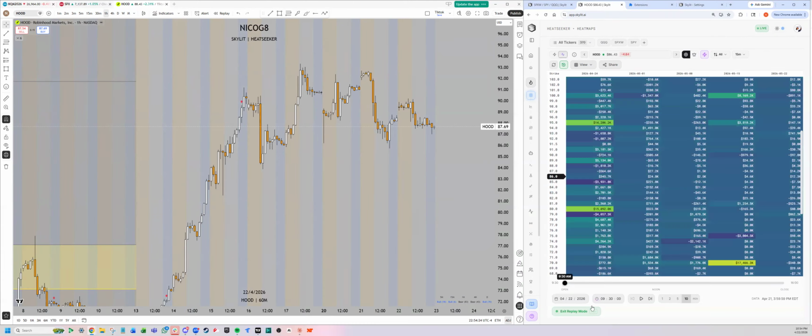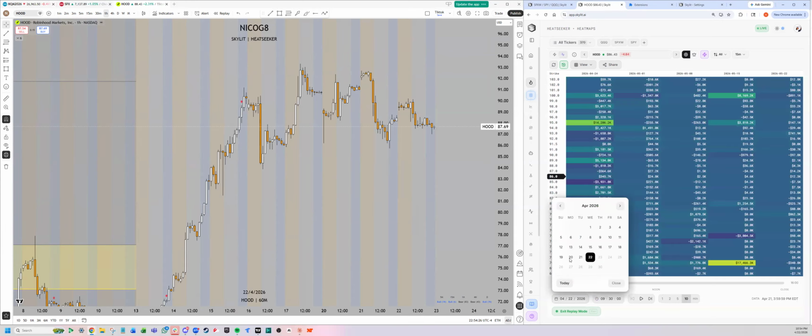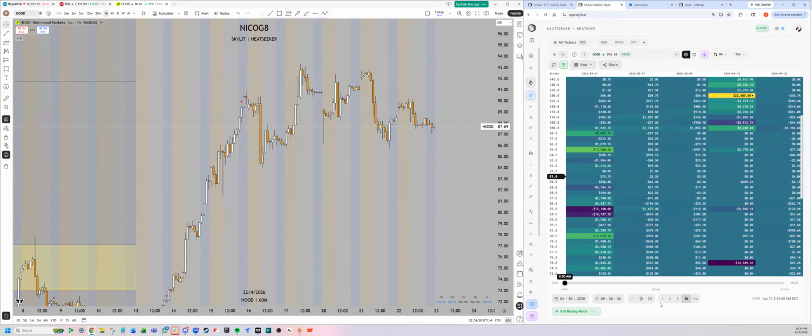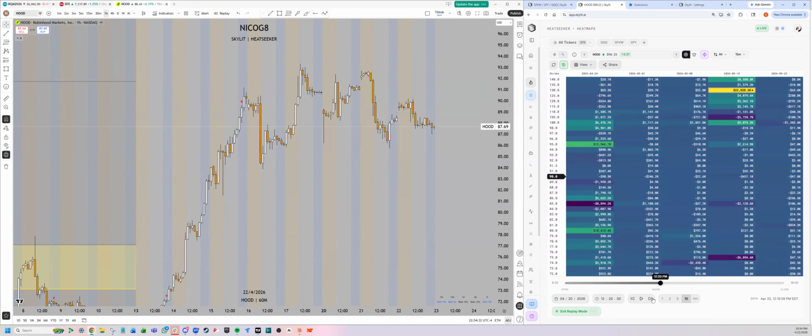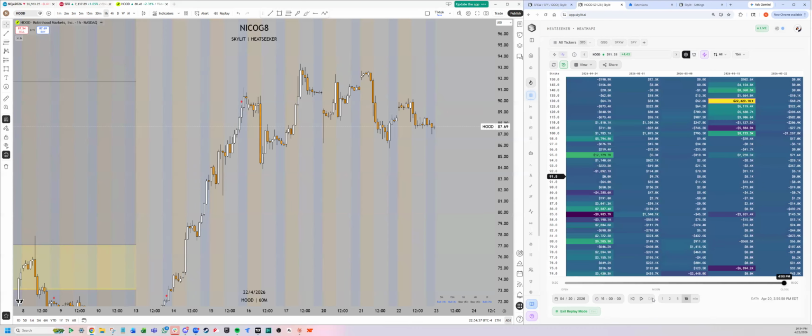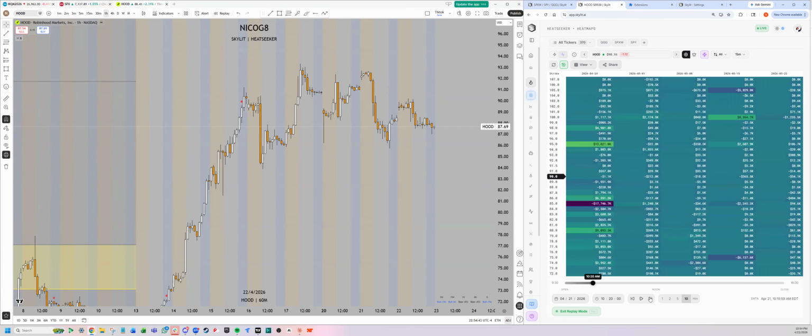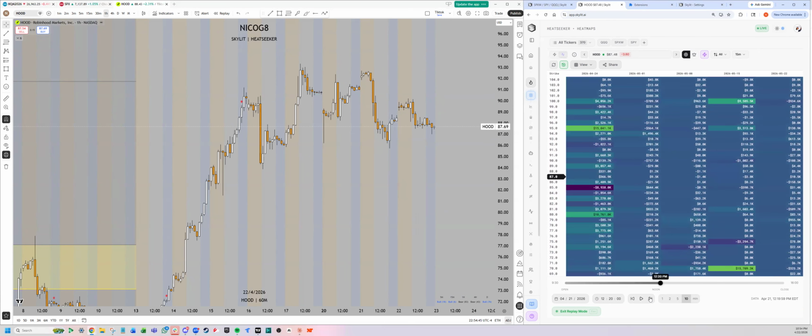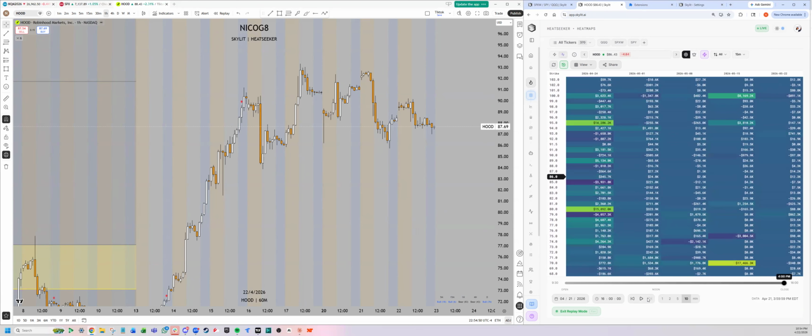But actually, we can check that. We might as well just go to the beginning of the week. Definitely at the beginning of the week we had a lot more upside volume, and it's rolled lower. Let's see. Yeah, definitely been rolling lower.